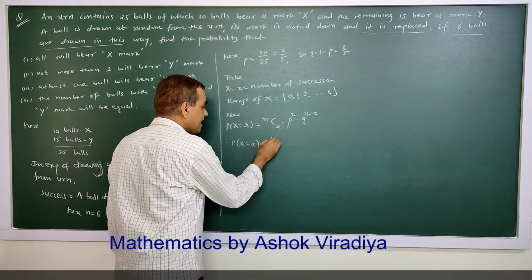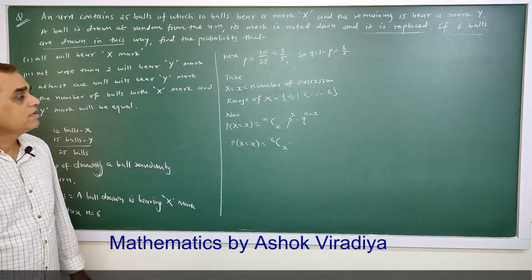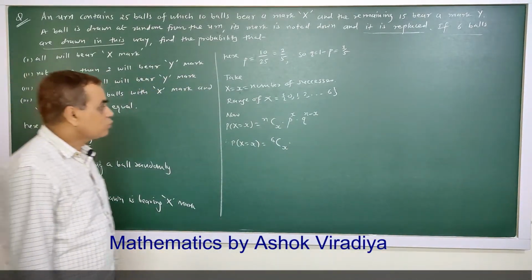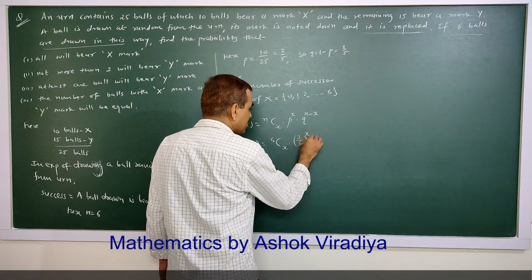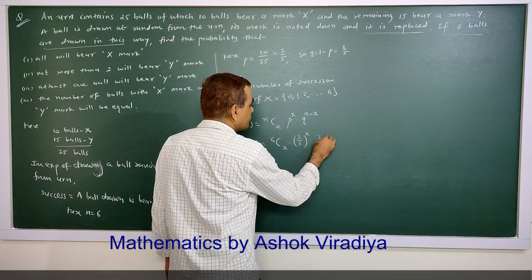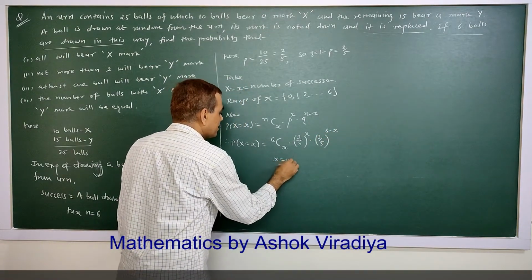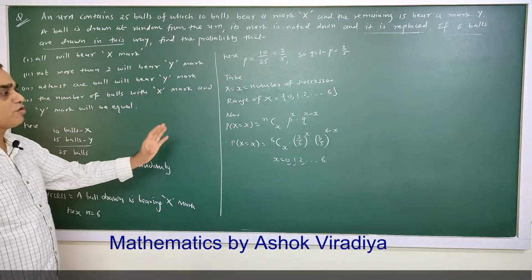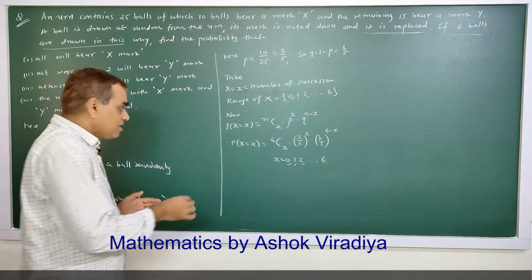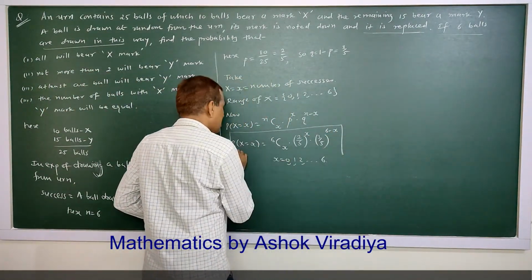N is 6, so 6Cx, P is 2 by 5, so 2 by 5 raised to x, Q is 3 by 5 raised to 6 minus x, and the value of x is 0 to 6. So this is the formula. Using this formula we can calculate the required answers.